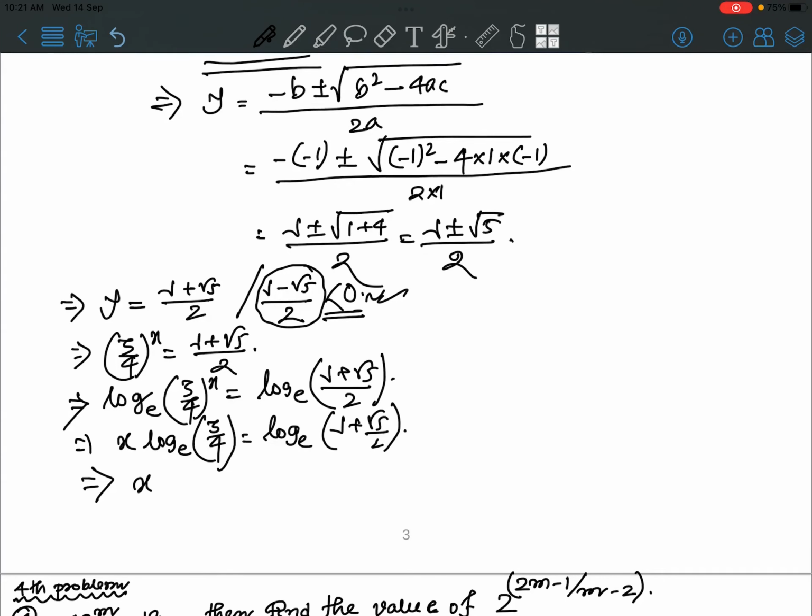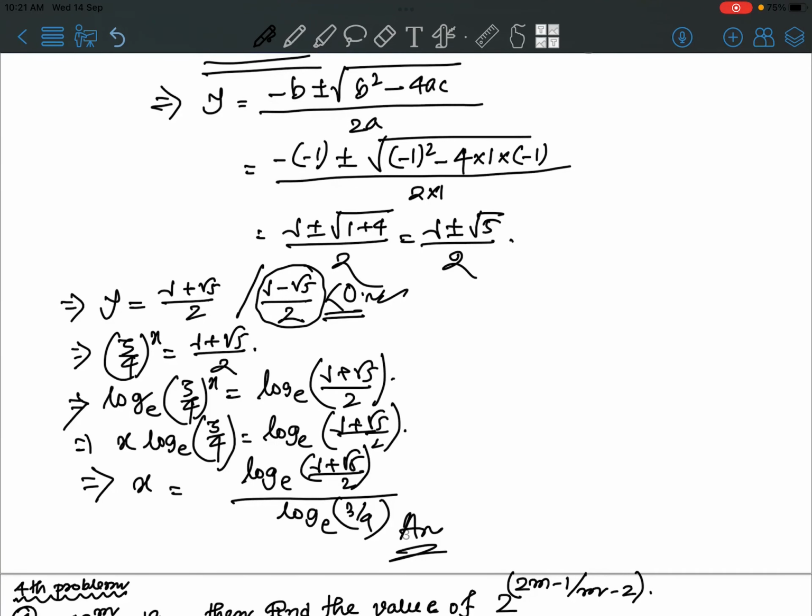We can write x equals log base e of (1 plus root 5)/2 divided by log base e of 3/4. This is the answer.